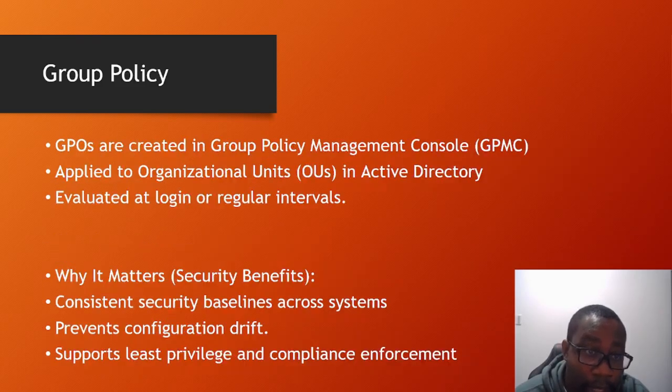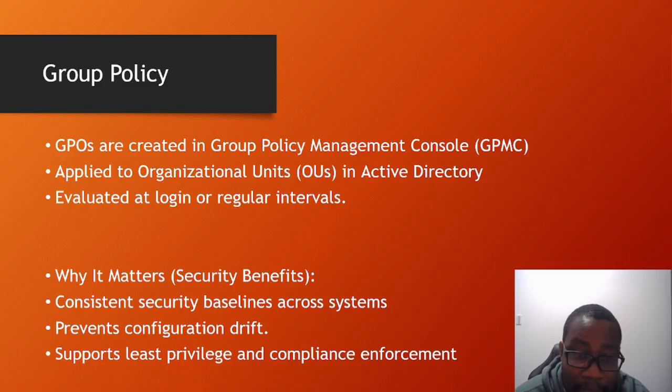Group policies are created in the Group Policy Management console, and they're applied to organizational units in Active Directory. They're evaluated at login and at regular intervals. Why does this matter? Basically for security, because it's the name of the game, right? So consistent security baselines across systems prevent configuration drift, support least privilege, and compliance enforcement.